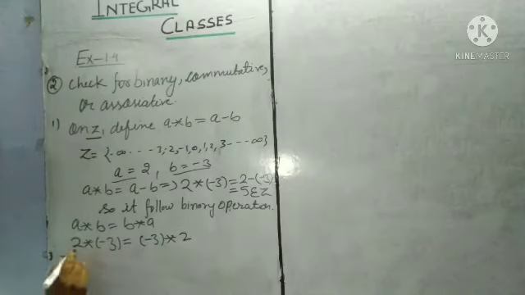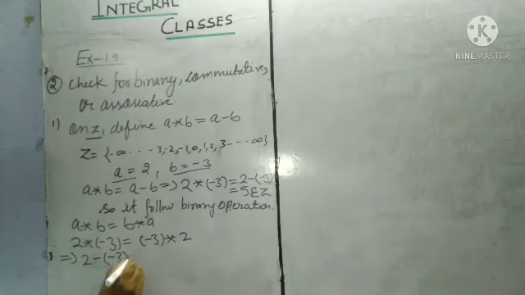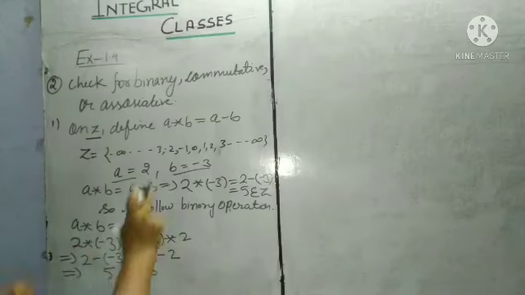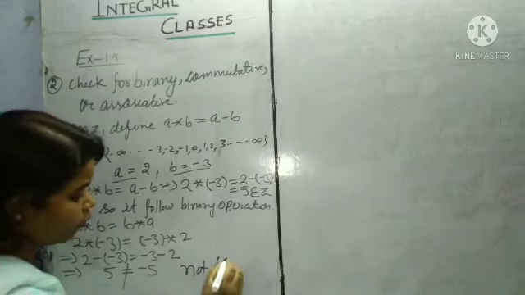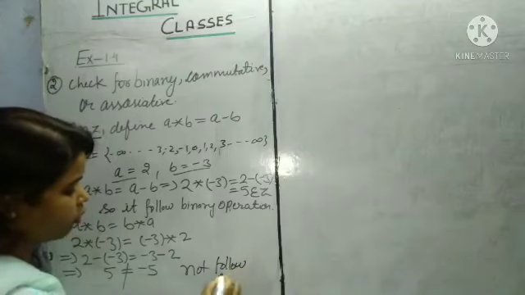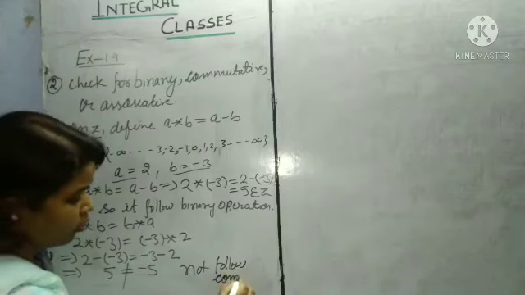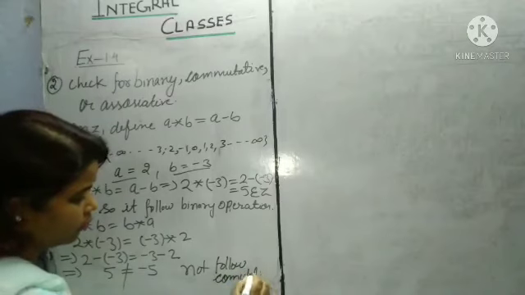Now we will get 2 minus 3 and minus 3 minus 2. So now the answer is 5 and the other side is minus 5, which are not equal. So it does not follow commutativity.